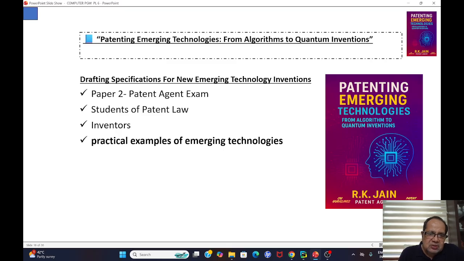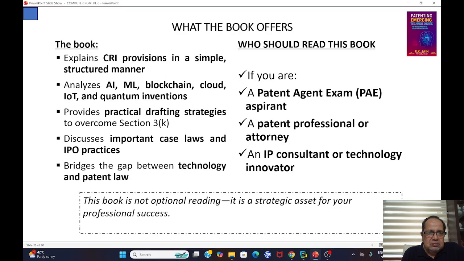For all of this, we have taken a lot of practical examples of various types of new emerging technologies, ranging from plain algorithm and business method to AI, quantum computing, blockchain, etc., which will give you ample hands-on experience on how to draft specifications with good quality, potentially patentable claims for the invention, irrespective of the technology on which it is based.